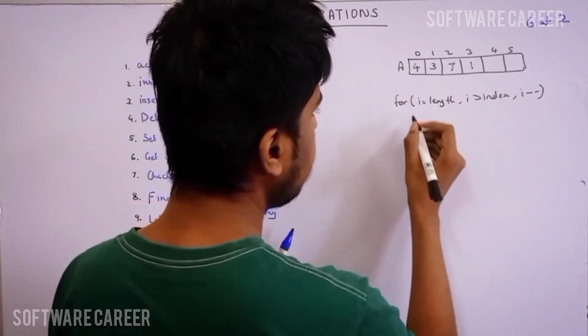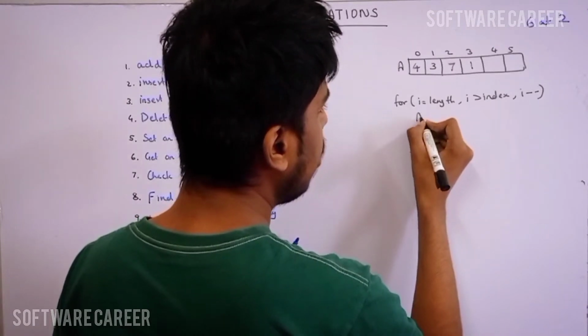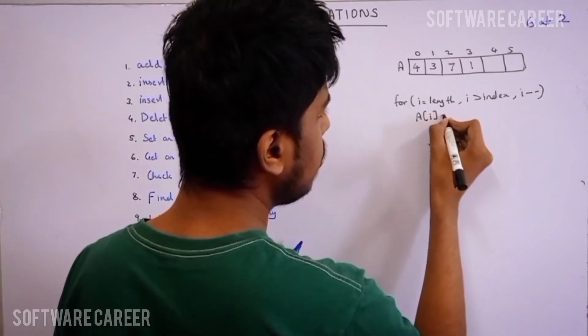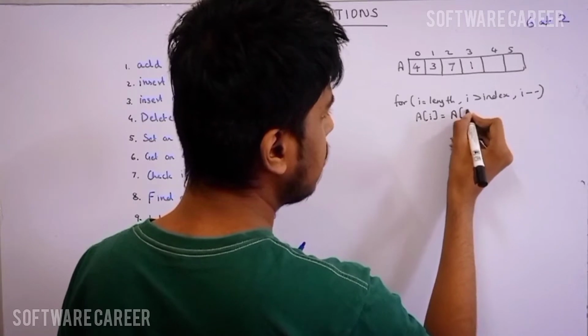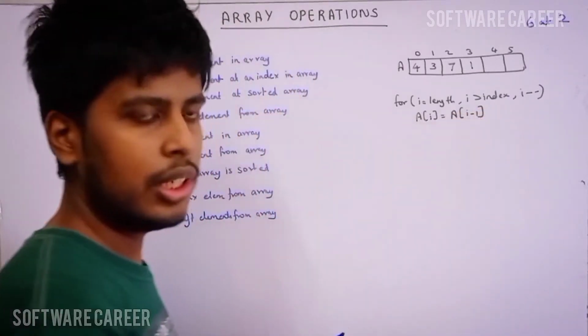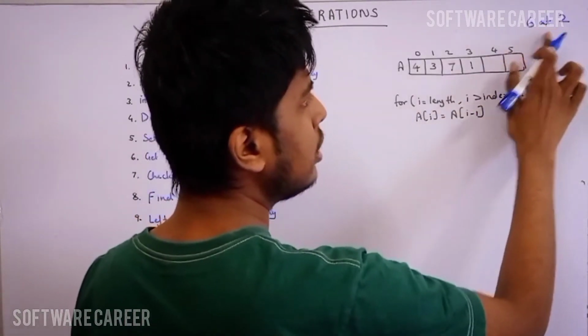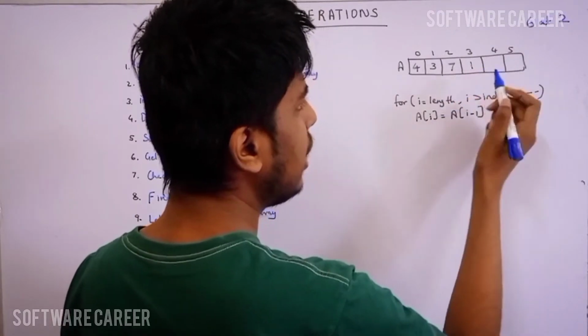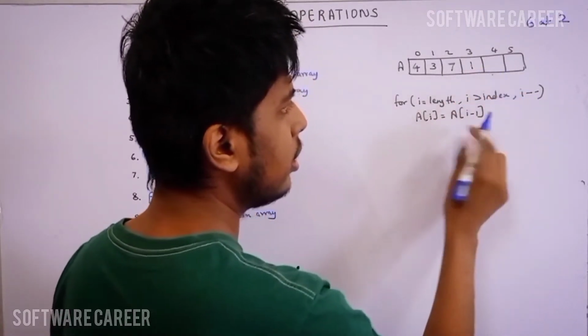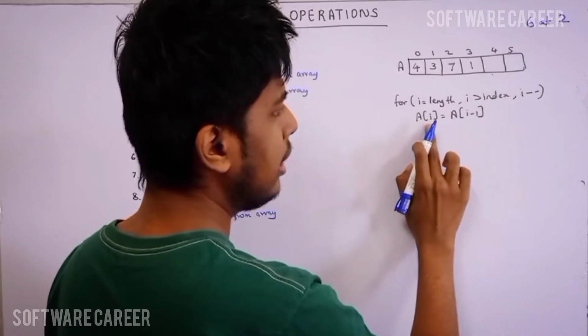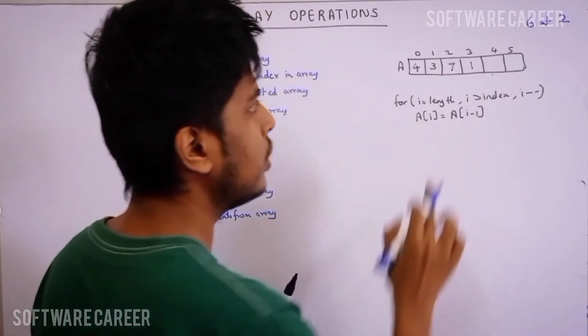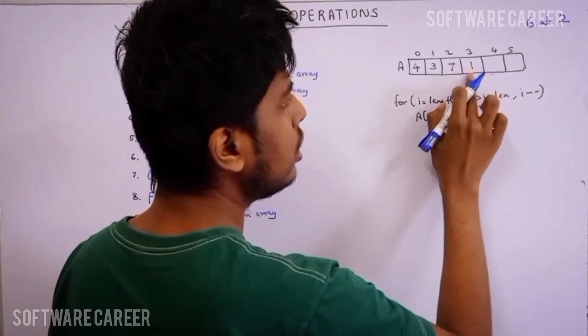Now a of I equals to a of I minus 1. I want to insert 6 at index 2. Now I will be at this index, the length. Now I am writing a of I equals to a of I minus 1. So this will be equal to this element.